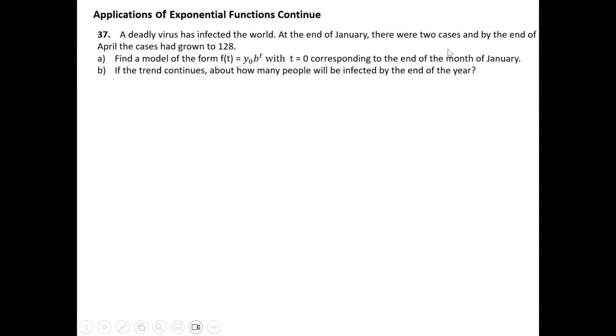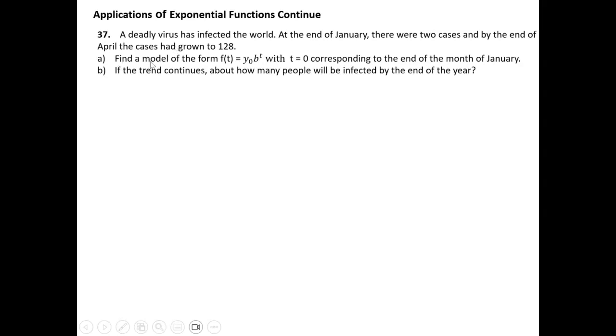At the end of January, there were 2 cases, and by the end of April, the cases had grown to 128. This really was more or less what was happening here in the United States. I believe the first 2 cases were in Washington, right? 2 people were infected at the end of January, and then at the end of April, there were like 128 cases because people were getting infected exponentially.